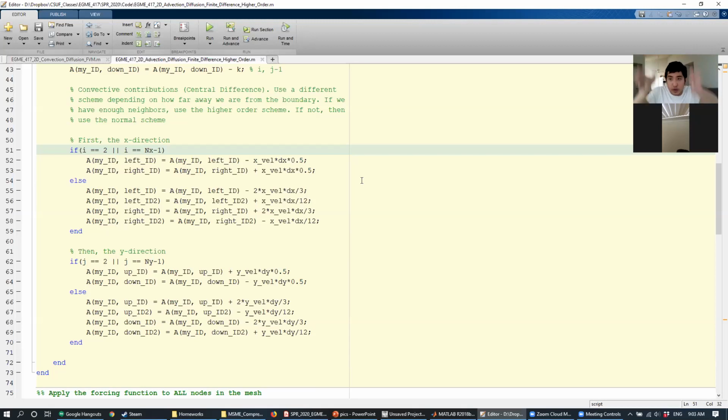These are not the outermost nodes on the domain. These are the nodes on the first interior ring. What this tells us is that there's not enough x neighbors to do our higher order scheme.